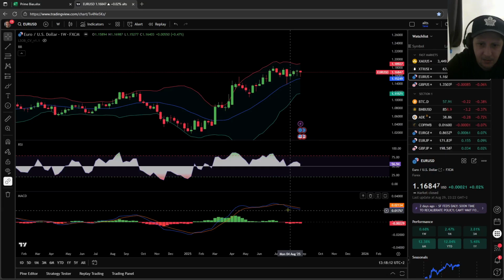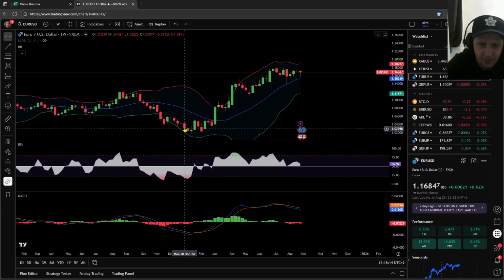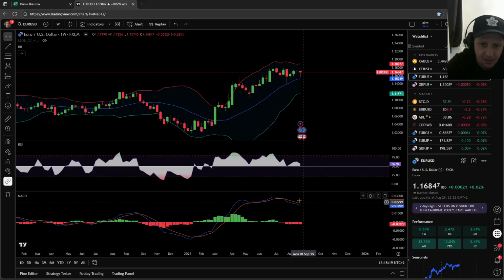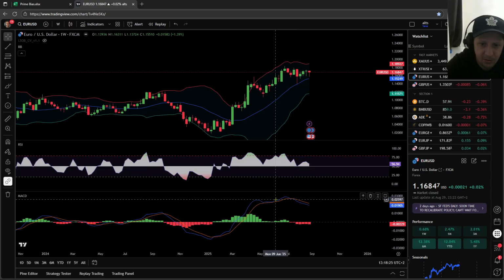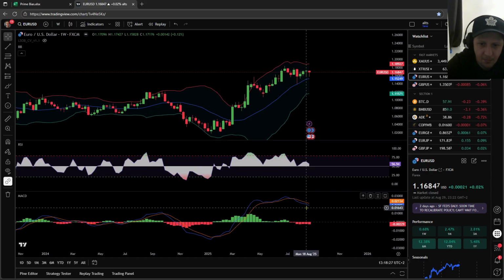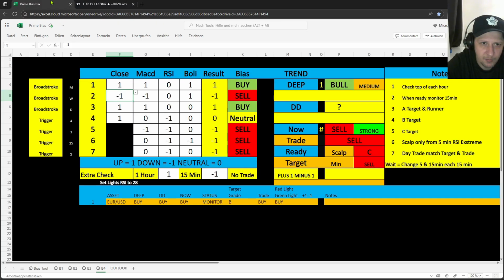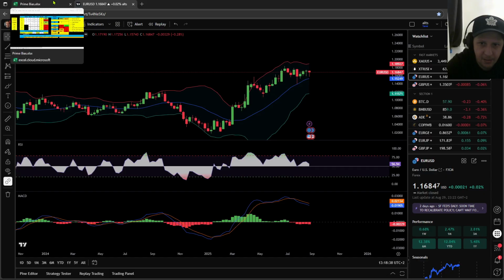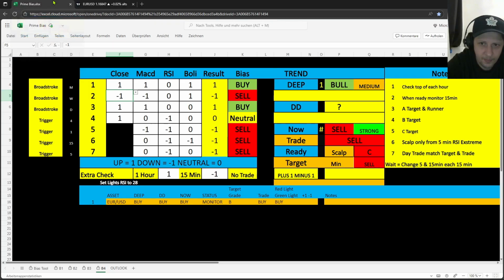The MACD -1, kind of neutral, but I would say -1. The more space you have between the lines, the more clear it is. This would be neutral here, but for this now I would say MACD -1. The RSI again neutral, and the Bollinger Bands I also would say neutral.